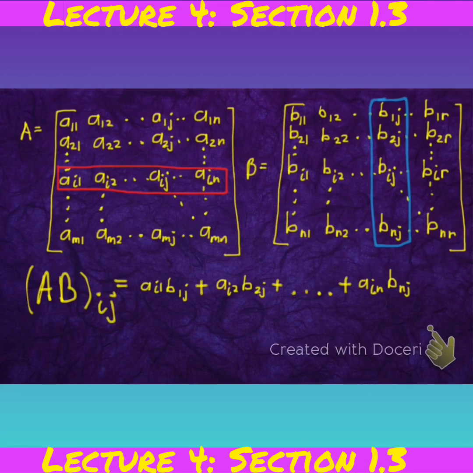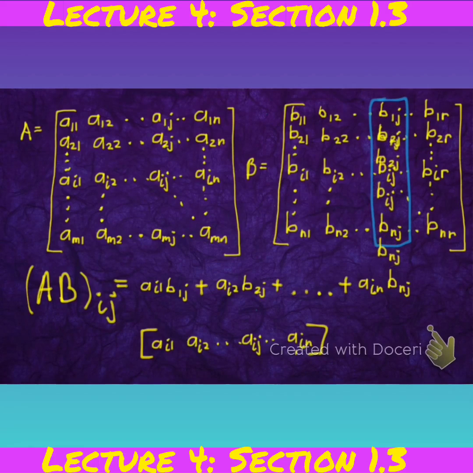We take the ith row of A, which you can view as a row vector, and then we take the jth column vector of the matrix B, which is that column there, a column vector.